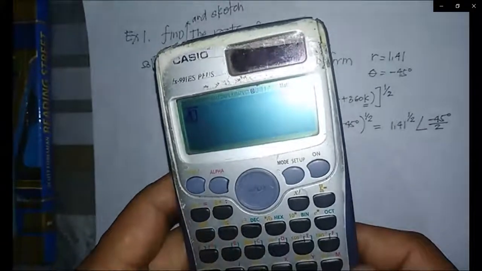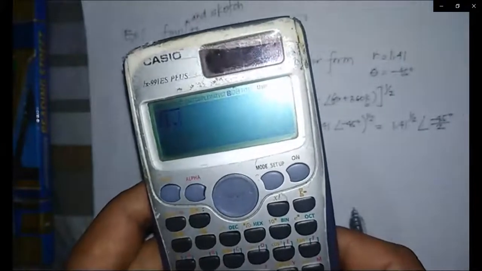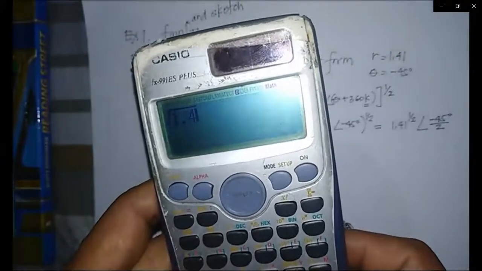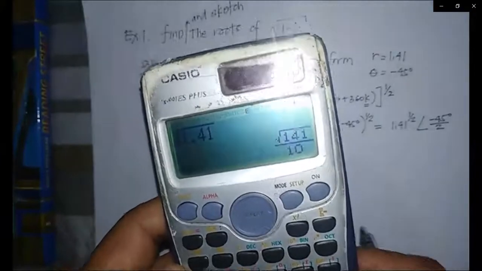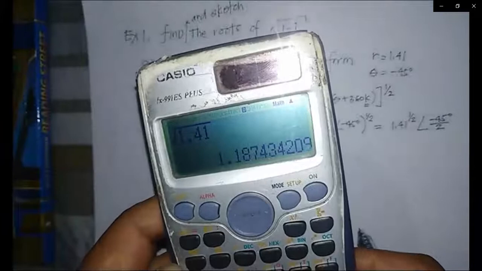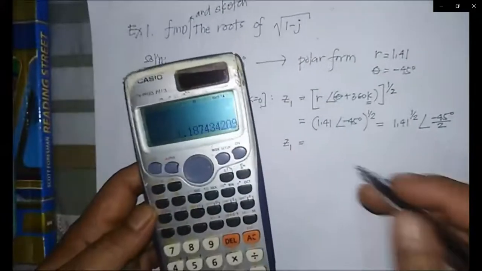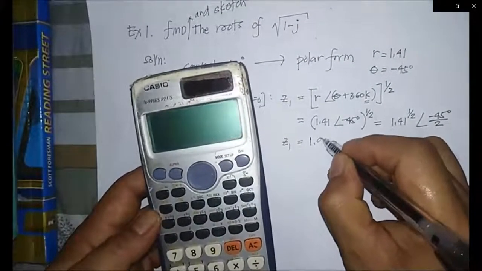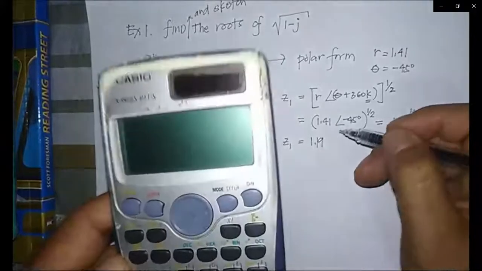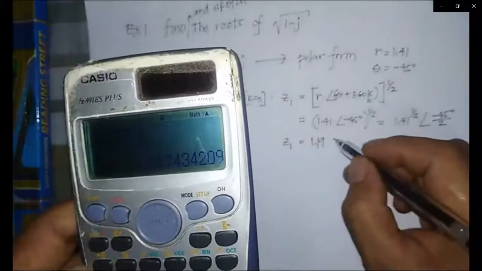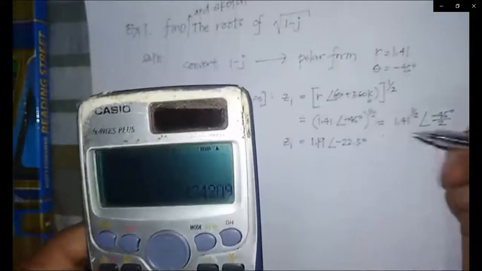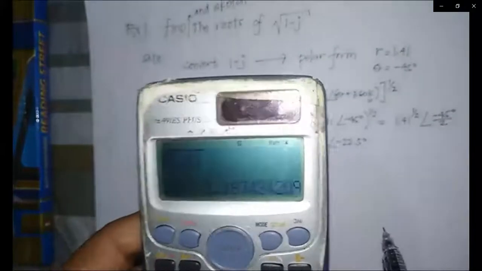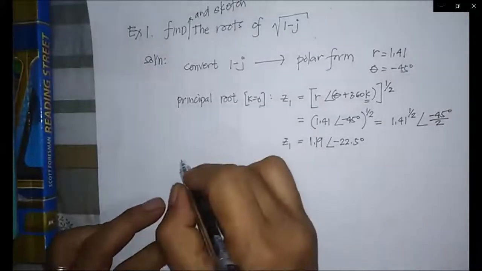The square root of 1.41 is equal to 1.19, and the angle, 45 divided by 2, becomes negative 22.5. So that will be your first root.